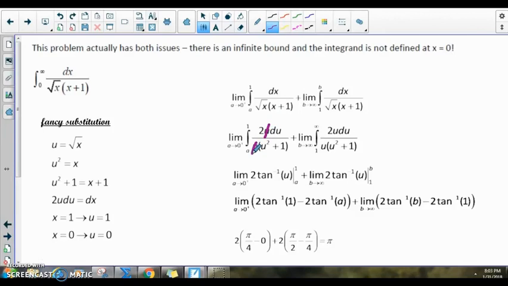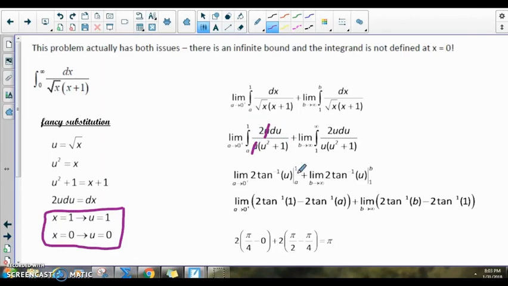So now you just have 2 du over u squared plus 1. Well, the integral of 1 over u squared plus 1 is inverse tangent, and then I have the 2 out front. And you'll notice I also changed my bounds to be in terms of u, but it turns out they're the same bounds, so it doesn't even matter for this particular problem.